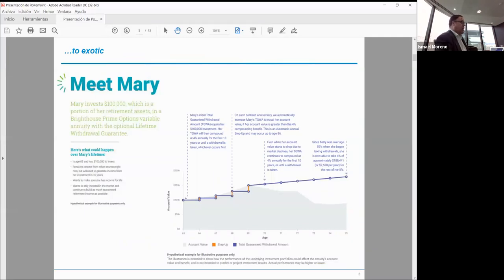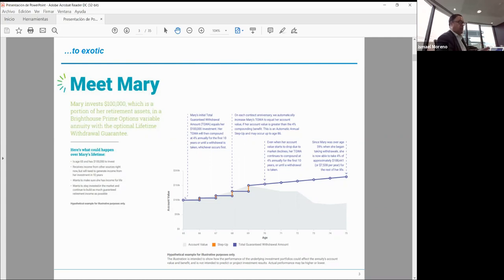This is a real advertisement for a life insurance product, which is different from the one that we saw before. This one begins with the person, the insured, investing $100,000 into an investment fund, and see how this works. First of all, automatically, the fund is credited with a 4% annual rate every year as a minimum.